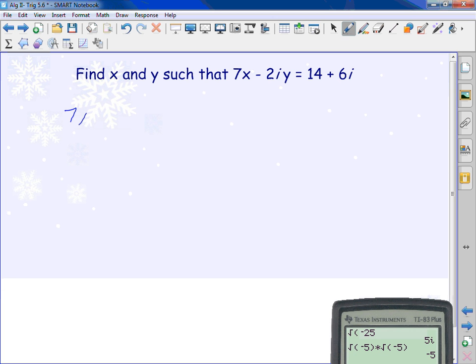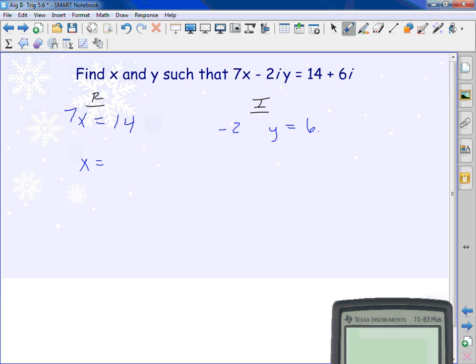So I have 7x equals 14 on the real part. On the imaginary part, I have negative 2iy equals 6i. When you're just talking about the imaginaries, you don't need to put the i's if you don't want to. But you can't forget about them.